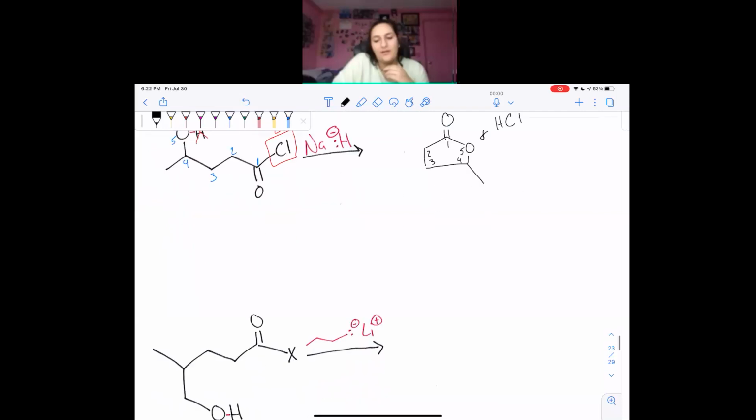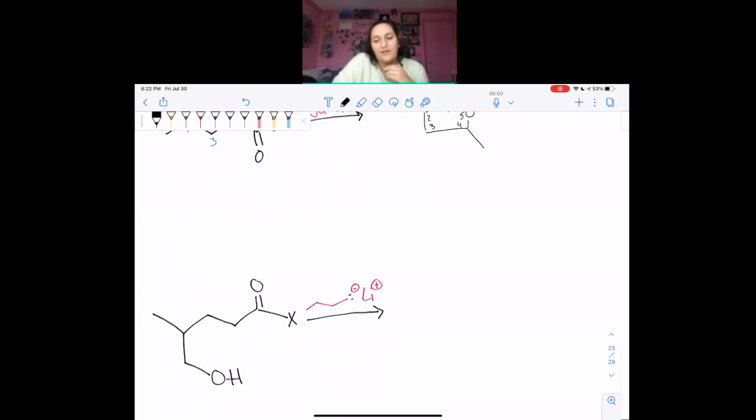Another example. We have our nucleophile. Get rid of the hydrogen. We have our leaving group. So let's count. 1, 2, 3, 4, 5, 6.